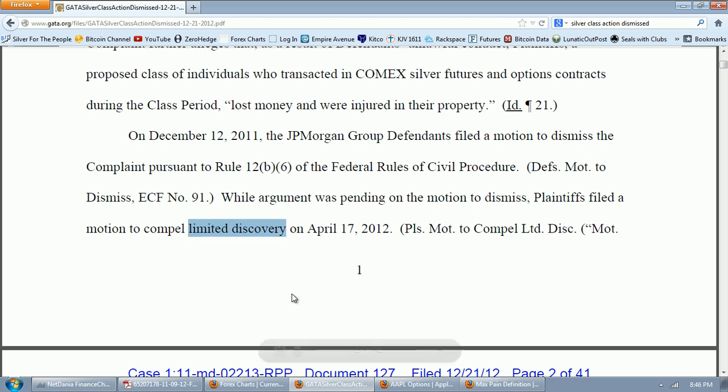In other words, they wanted to do a little bit of fishing in of what JP Morgan and the others, I think HSBC, that's something we're going to have to cover as well later, but HSBC was allowed to drop out of this suit. But the limited discovery of JP Morgan's documents is what would have happened if this would have gone forward. And that would have meant that one of the big things that came up many times in this dismissal was the CFTC and their investigations.